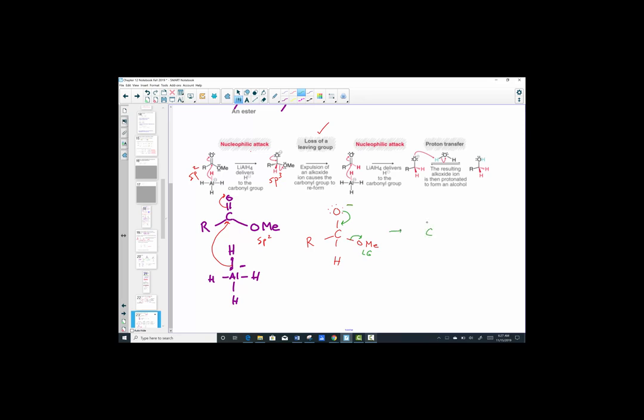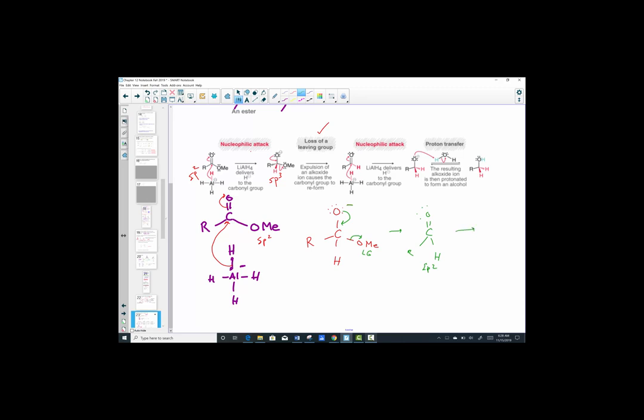So we have the carbonyl reestablished. We get rid of it after we've added on the R and the H, and we've reestablished here an sp2 carbon.